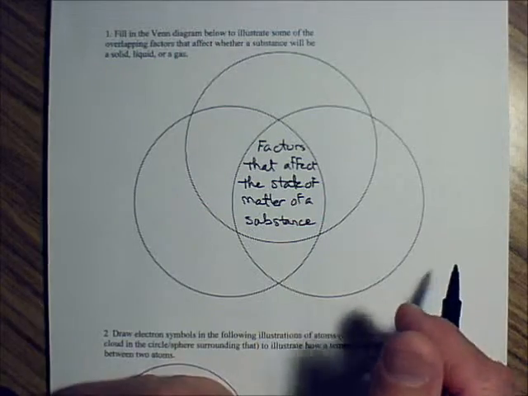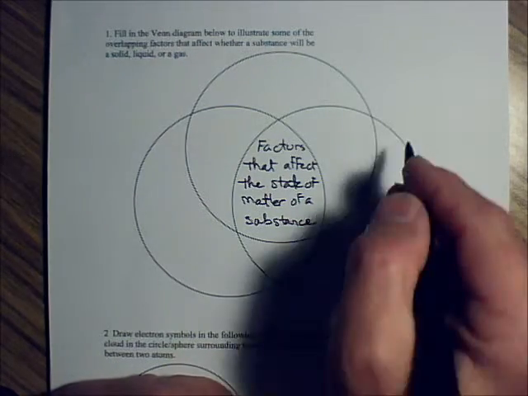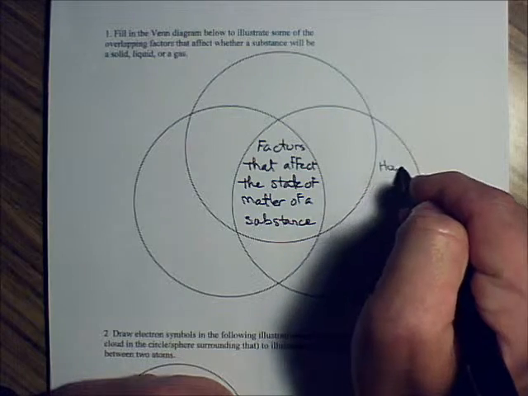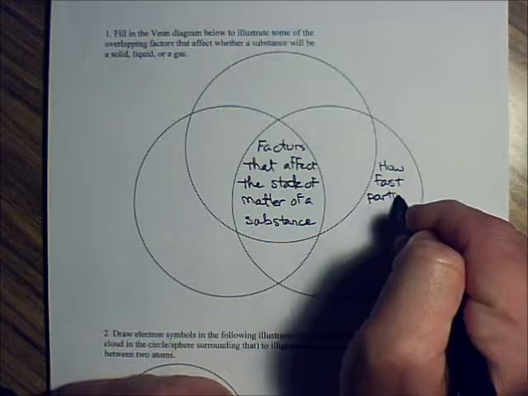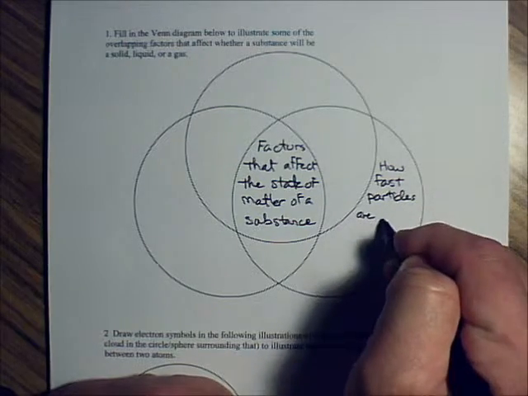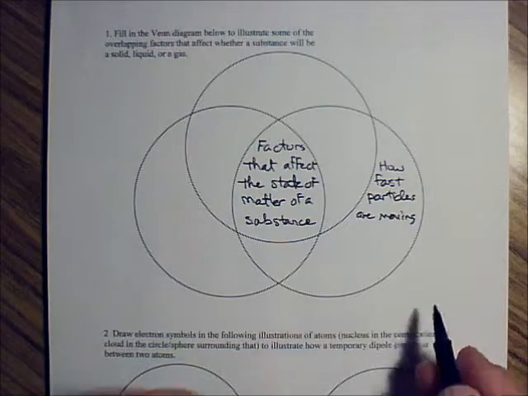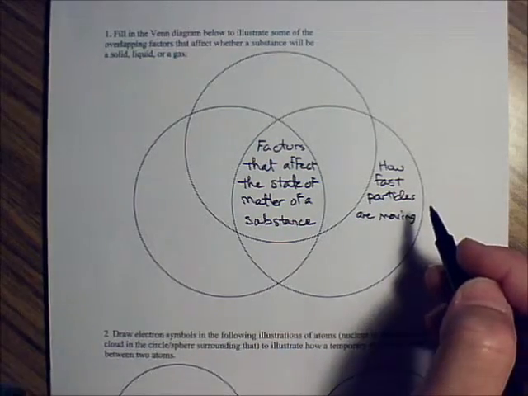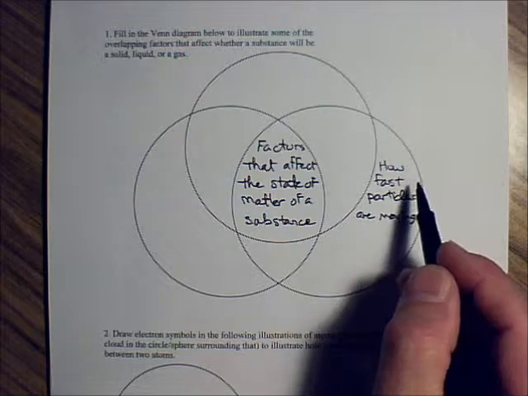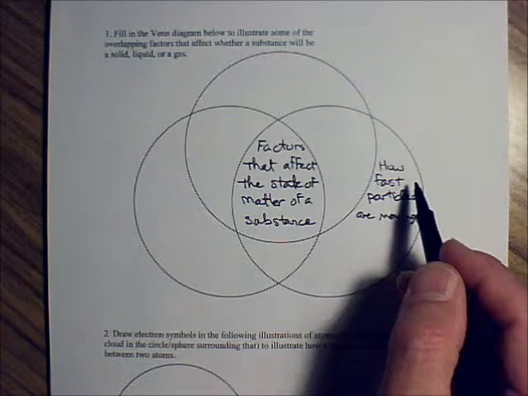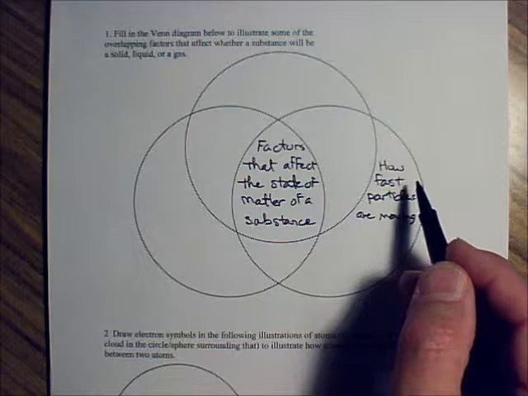Okay? So how fast the particles are moving, that's one of those factors, right? Now let's be careful about that because we're not talking about them moving in any way at all. This is random motion. That means particles moving in every direction at a whole bunch of different rates of speed.